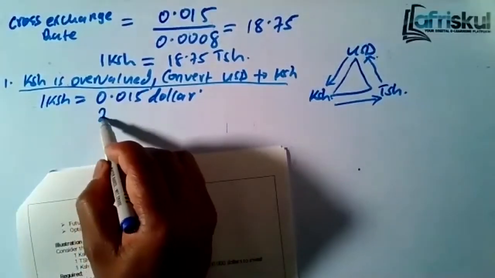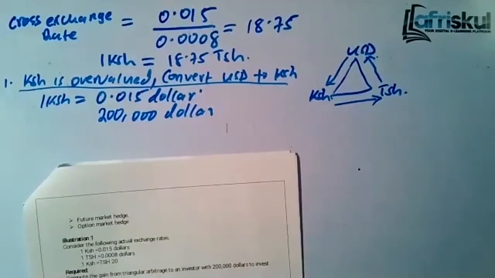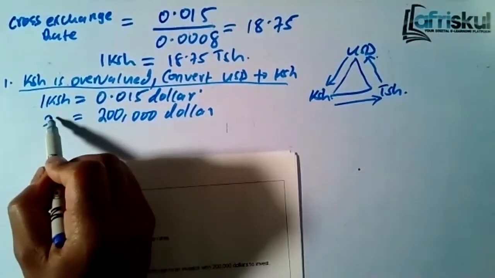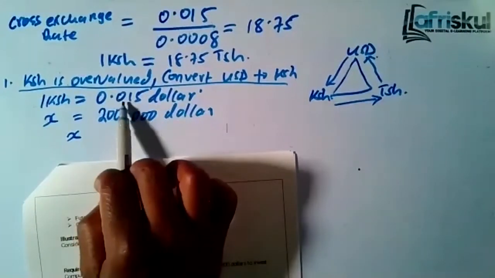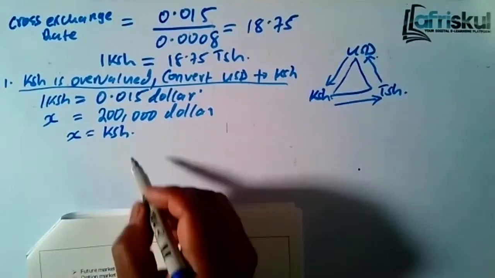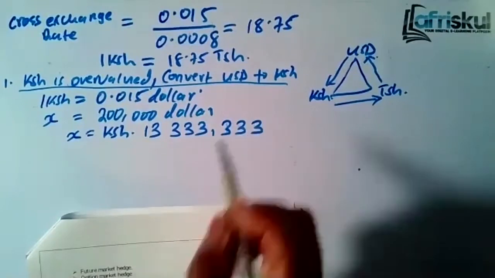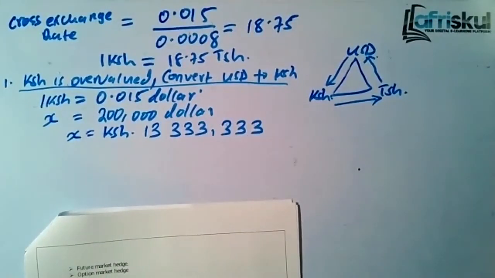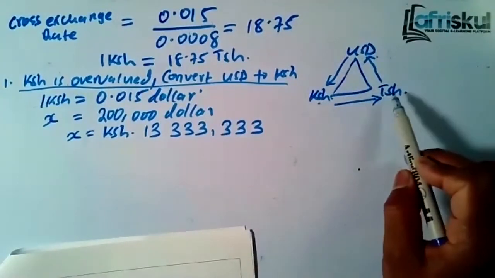So you divide $200,000 by 0.015, and you'll get 13,333,333 Kenyan shillings. That's the first step, US dollar to Kenyan shillings. Then Kenyan shillings to Tanzanian shillings.